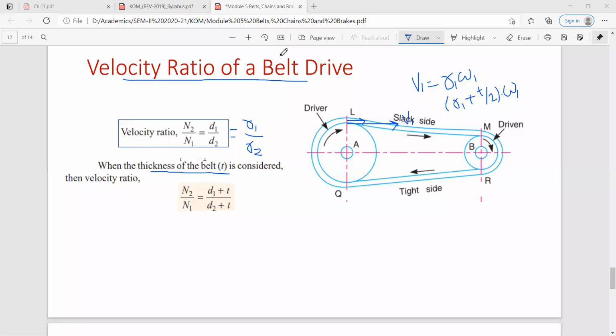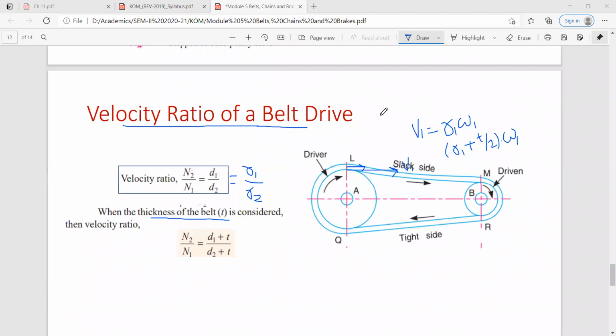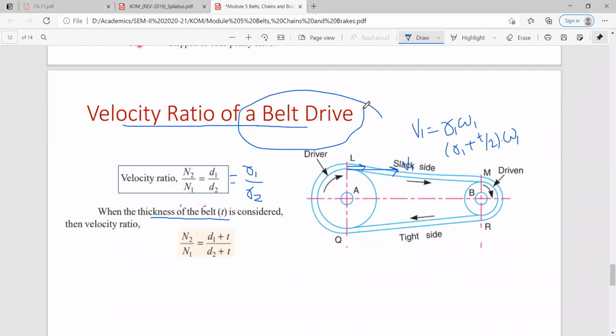Done, sir. Okay. Next, so this is the velocity ratio of a belt drive when the power transmission is directly from driver to driven.